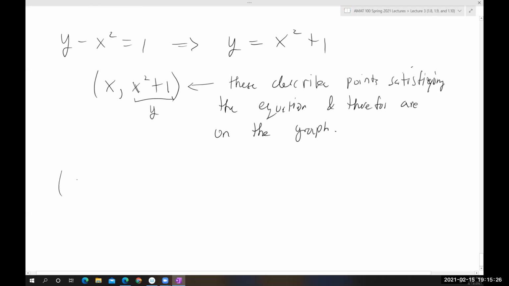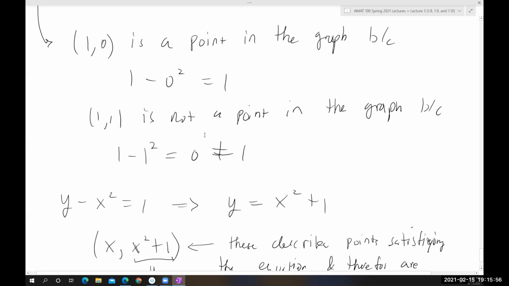Let's say x is equal to -1. Then y is going to be (-1) squared plus 1, which is 2. So this will be a point on the graph. If you plug in 0 for x, y will be 0 squared plus 1, which is just 1. So this will be a point on the graph. Did I screw something up? No, I did not.